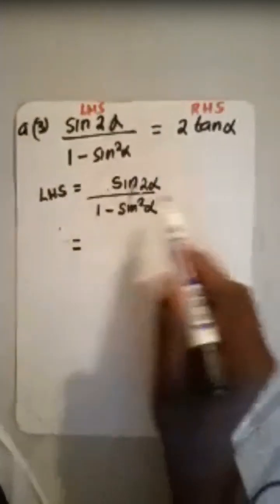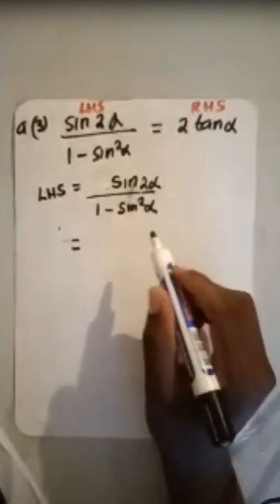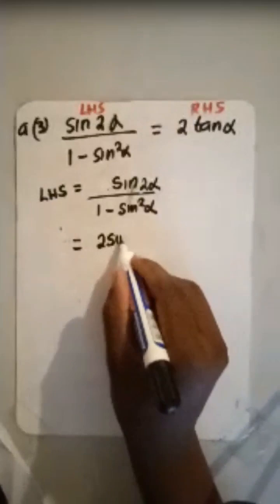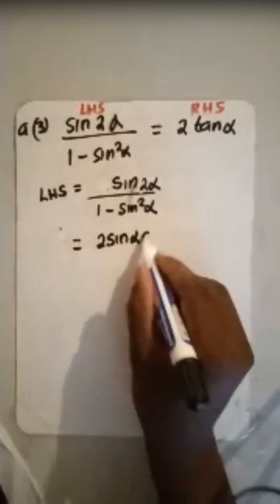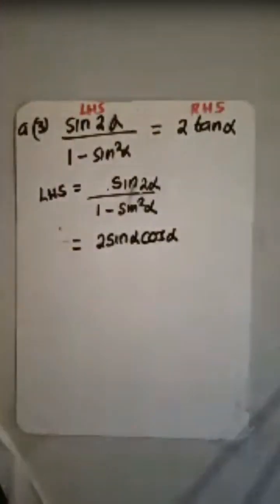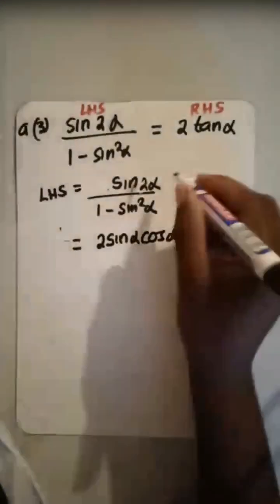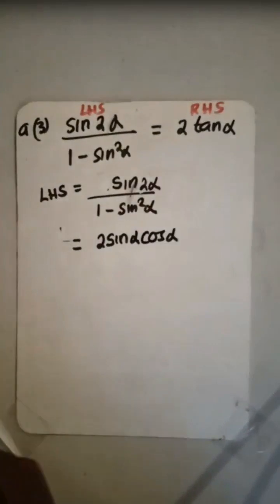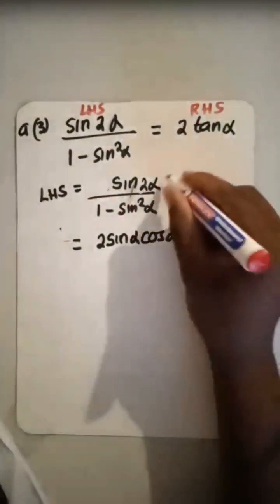So sine 2 alpha is the same as 2 sine alpha cos alpha. We have used the double angle identity.